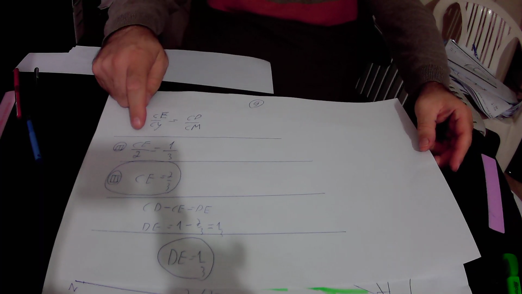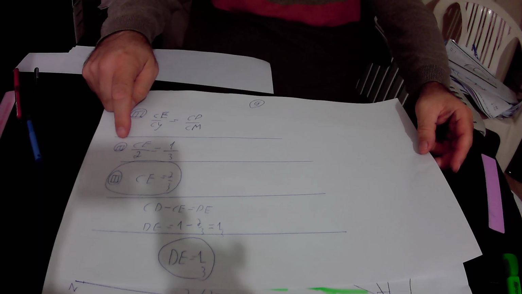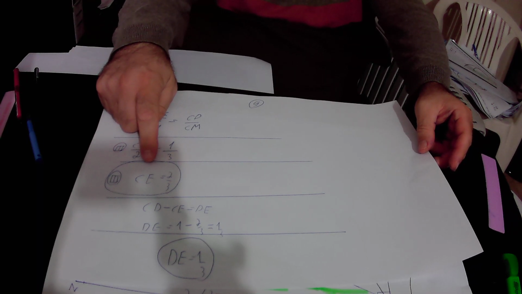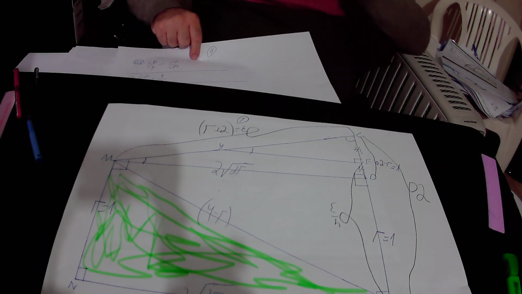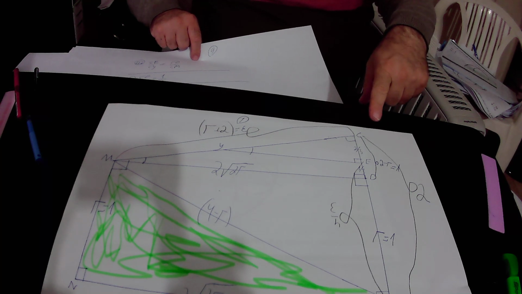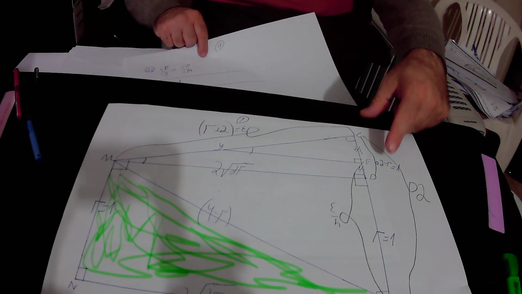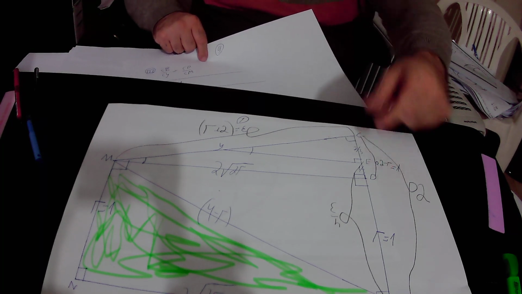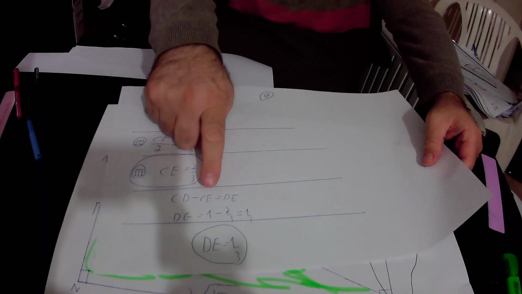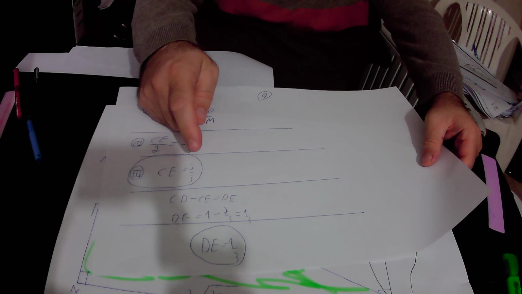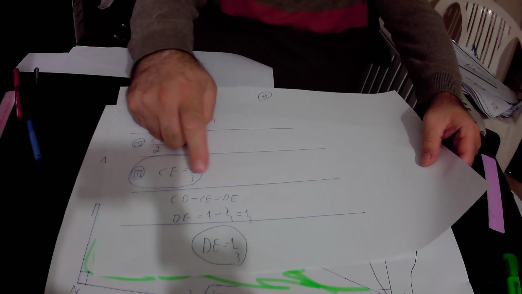So in total we got that CE over 2 equals 1 over 3. We multiply equation number 3 by 2, and we get that the value of CE is 2/3. CE equals 2/3, and CD equals 1 unit, and CD minus CE equals DE.